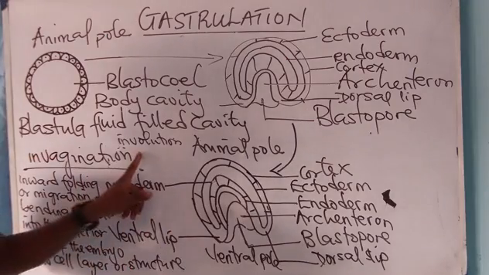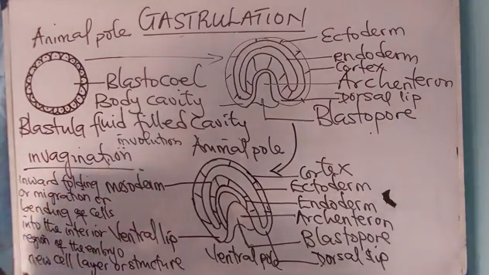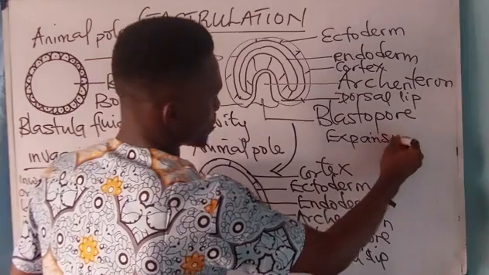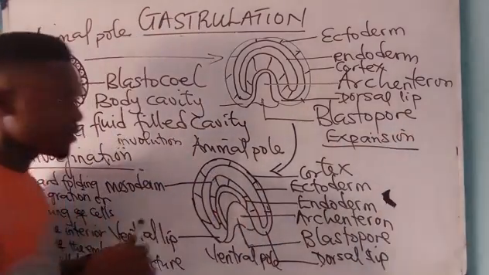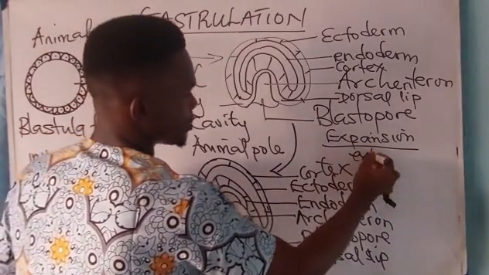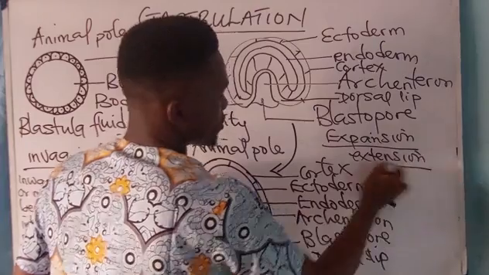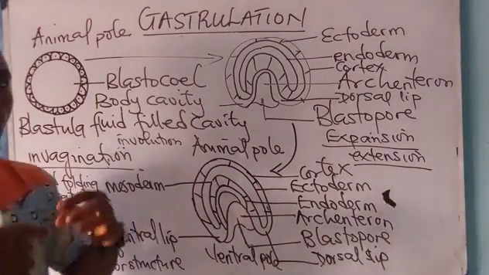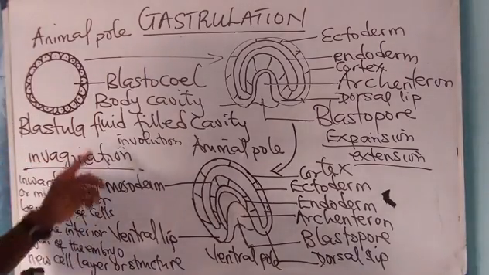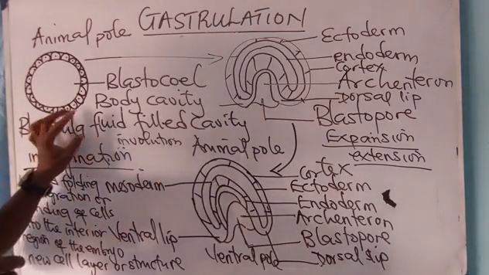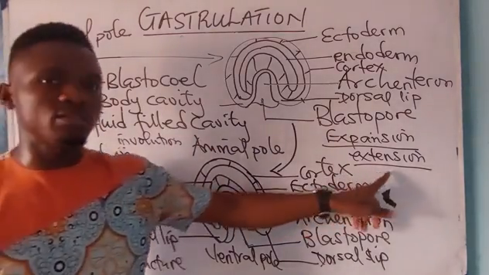Now after involution, you now have what? Expansion. Actually before expansion, though you don't have it on the material, you have extension. When the cells that make up the embryo elongate, the elongation of the cells of the blastula, we call it extension.